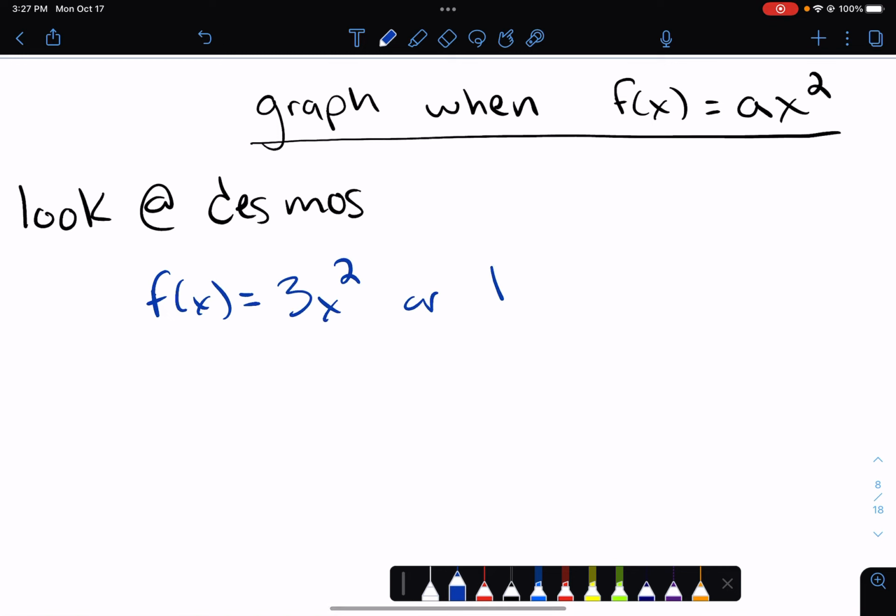Or f of x equals 1/4 x squared? Or what if I even have f of x equals a negative number, negative 3x squared? I want to know what that does to my graph. What changes instead of being this nice perfect U right in the middle? What happens if I put a number in front of x squared?